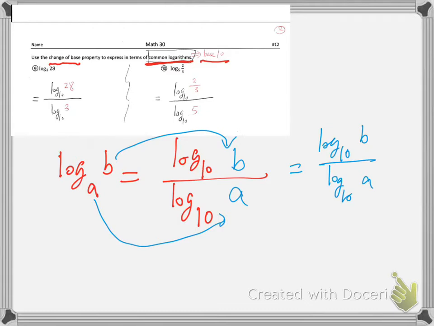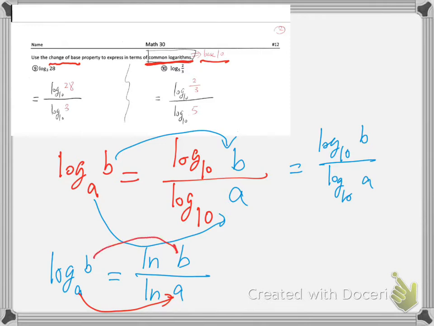If you want the new base to be e, natural log, this is ln b over ln a. Again, the base goes to the denominator, this power goes to the numerator. So if this is log 3 of 28, 3 goes to the bottom, so it's log 10 of 3, and 28 goes to the numerator, log 10 of 28.